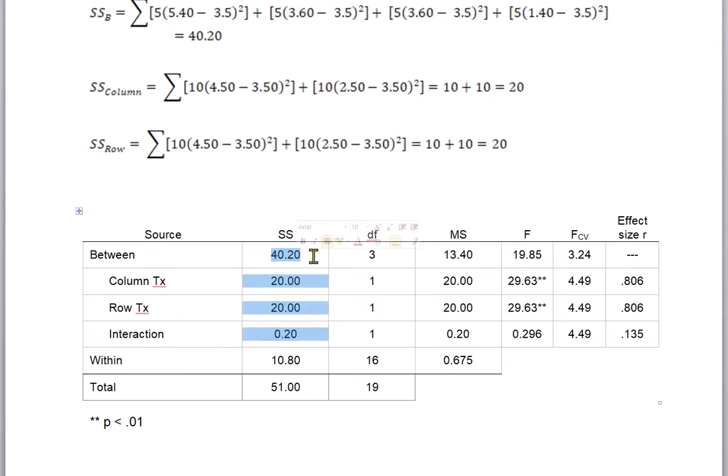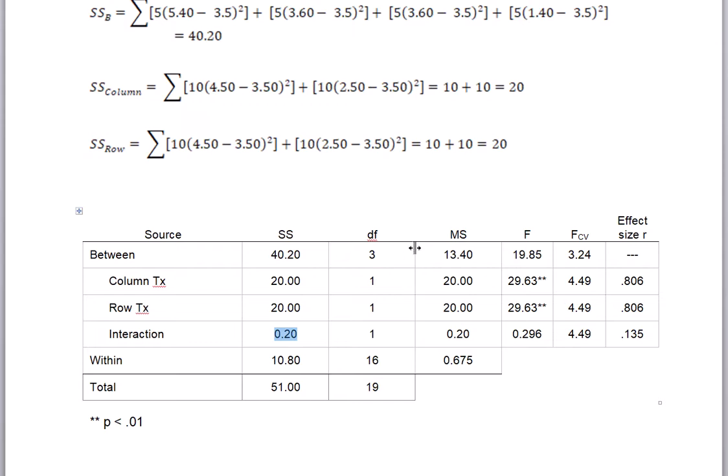So 40.2 yields, when we break it out into its different components, 20, 20, and whatever this number is, which we don't know yet, even though it's on the page, but we haven't calculated it directly. We take the between group sum of squares, 40.2, subtract 20, and then subtract 20 again, and what we're left with is 0.20. So that's how I got that one.